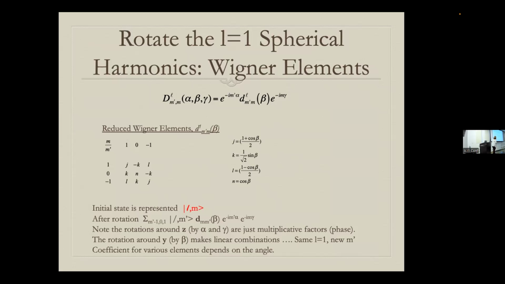How much, if I started out at m equals 1, would I convert over into m equals 0? Well, that's this function. Okay? So the resultant will be a linear sum of these 3 states, and these are the coefficients after you rotate. And you just look it up because it's been solved and checked and solved and checked.